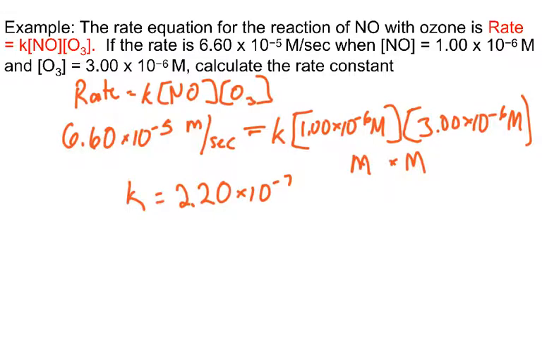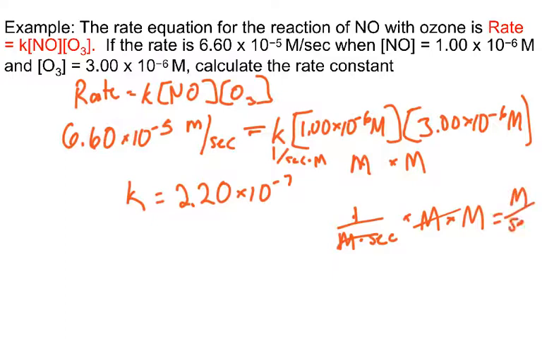And so I'm going to need my units on my k to have a per second on the bottom and also a molarity on the bottom, so that when I take 1 over molarity times seconds times molarity, I end up with units of M over s, which is the same as on that side.